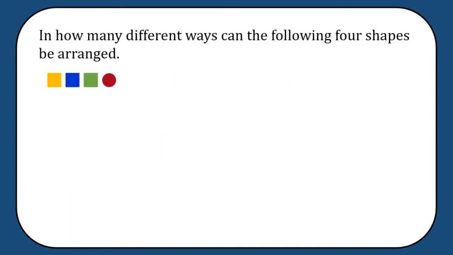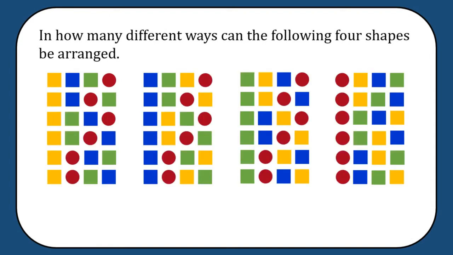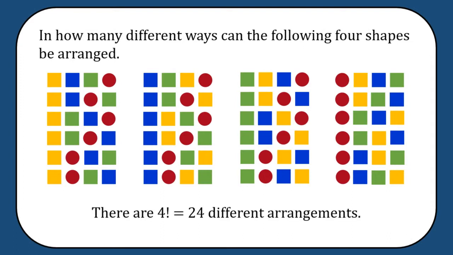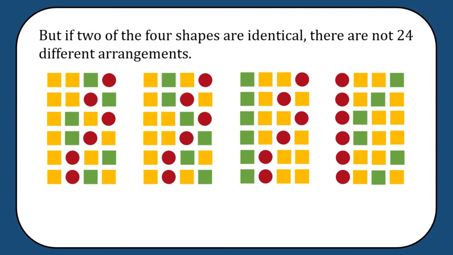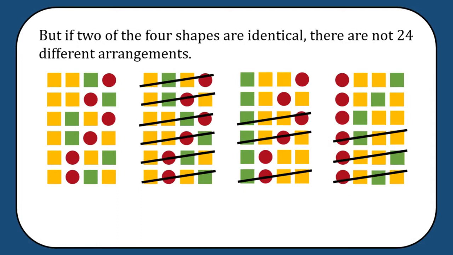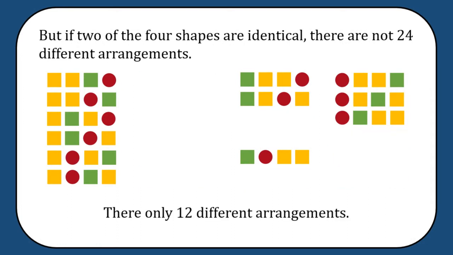Alright, what about if we have 4 objects? So again, we've already looked at in the previous video that there are 24 different ways to arrange 4 objects, 4 factorial. But what if 2 of the objects are the same? So now we don't have 24 different arrangements. We've got some repeats. In fact, we've got 12 repeats, so there are only 12 different arrangements.